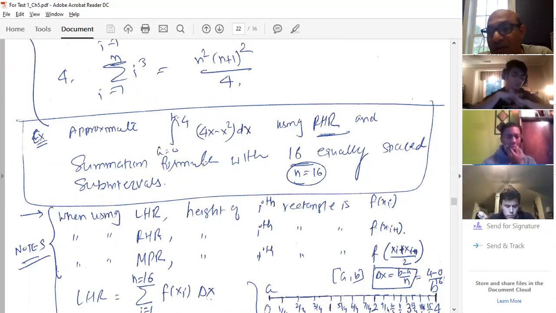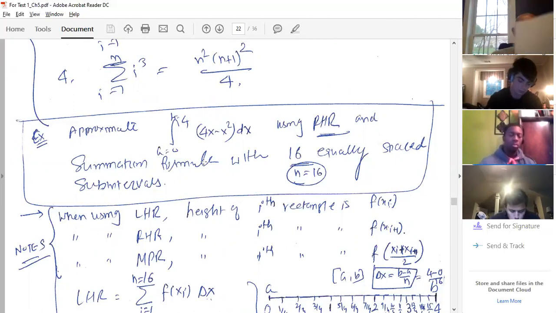That means now he is asking us to consider 16 partitions, meaning your n equals 16. That means it will look like this one. Just let me show it to you. Just wait.